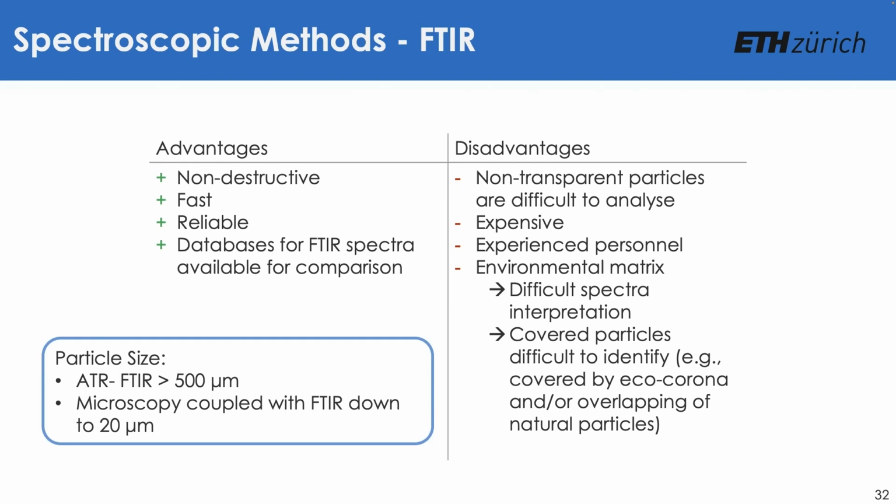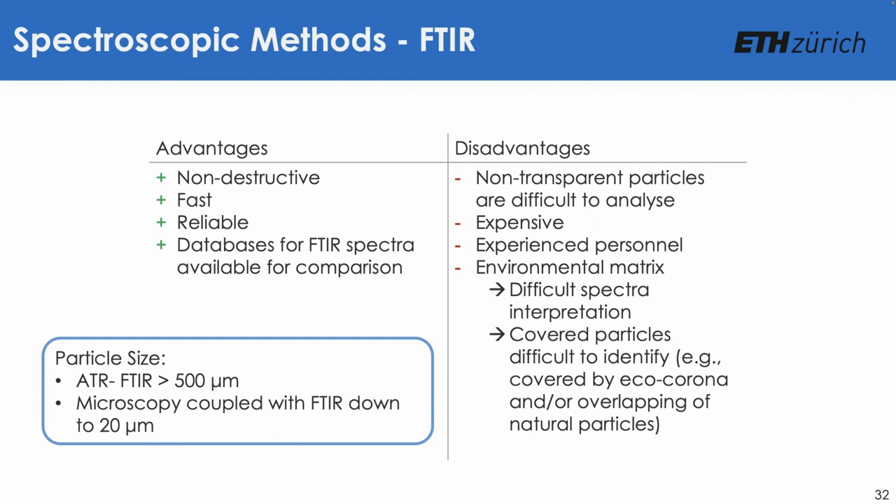It can be relatively expensive, and you need to have quite some training to be able to interpret these different signals as well. And depending on the environmental matrix that you have, it can make the spectrum more difficult to interpret, especially if the particles are covered or around other natural particles that are not polymers.